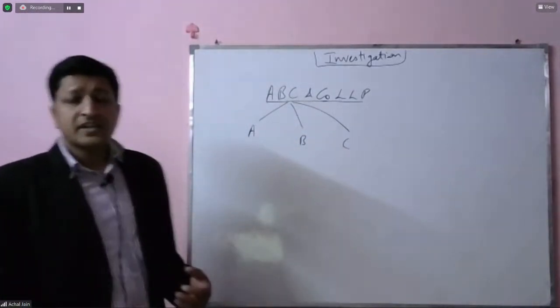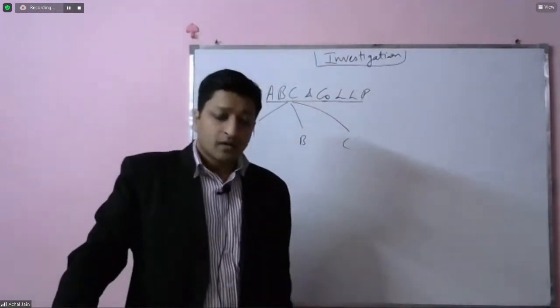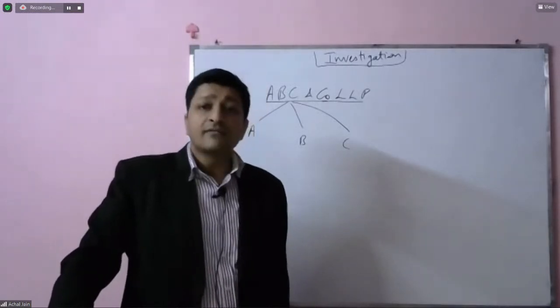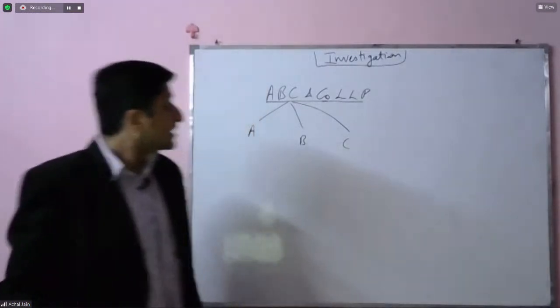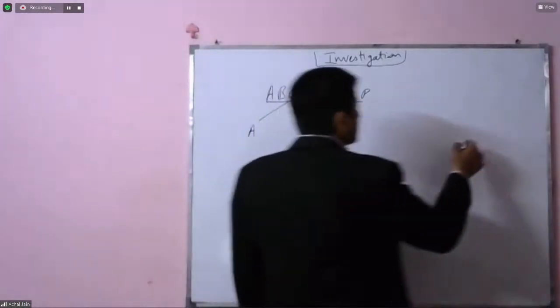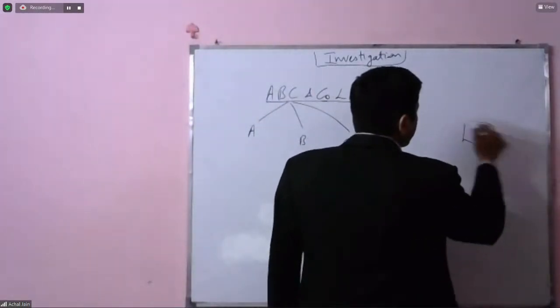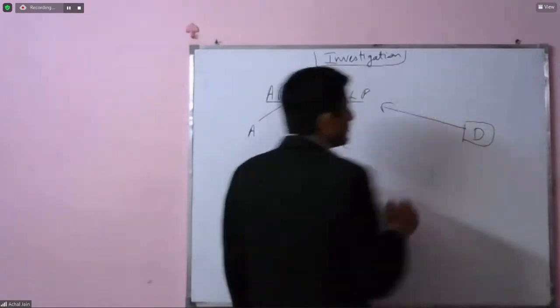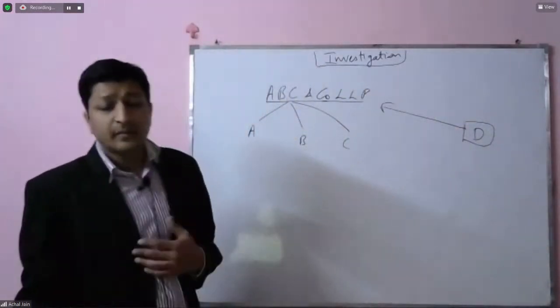Now this firm is going to have one more partner, say D. So D is going to join this firm. He will be joining the firm. So he is the incoming partner.